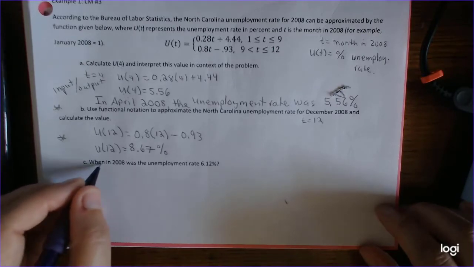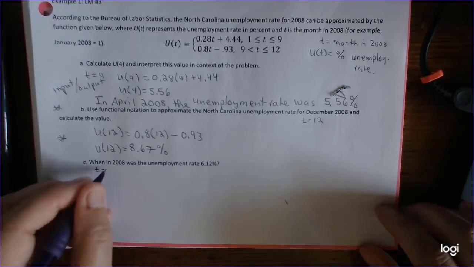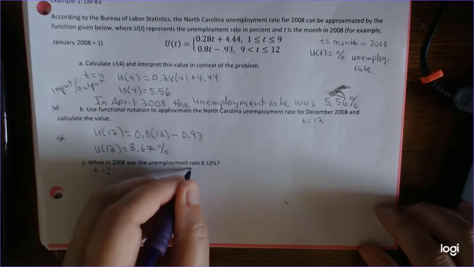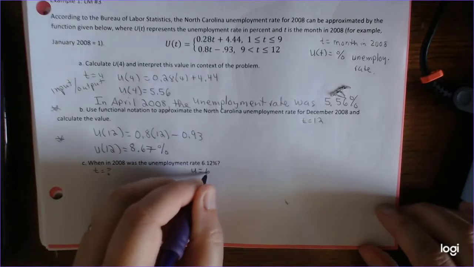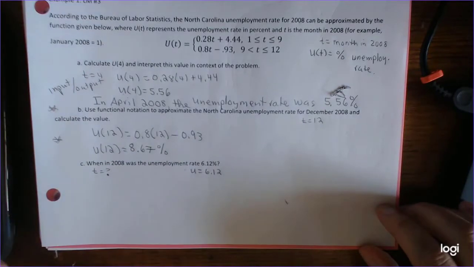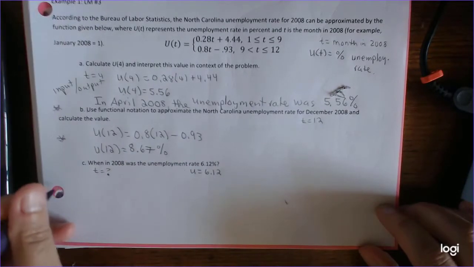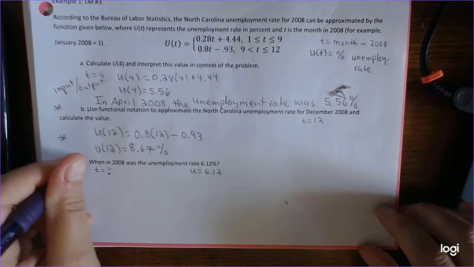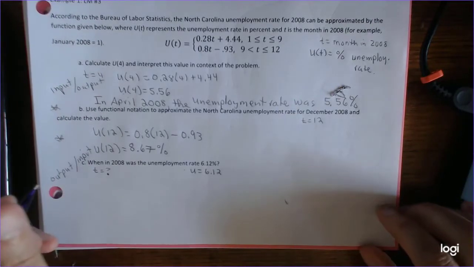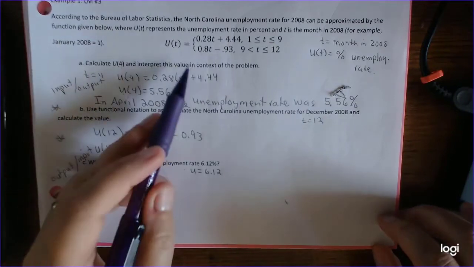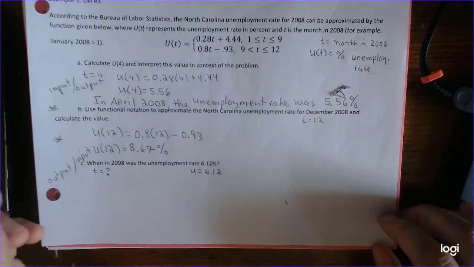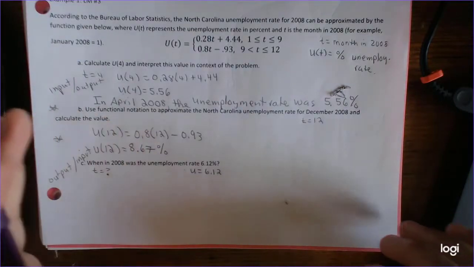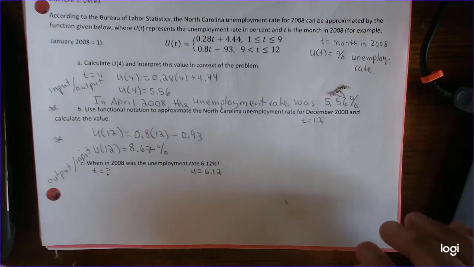We want to know when in 2008, so we want to know what the input is when we know that the output is 6.12. With piecewise functions, this is a little bit harder. You have to think and figure out which one to use. Now some people can do a little bit of thinking based on the answers and figure out which one, but it's safer just to try both.